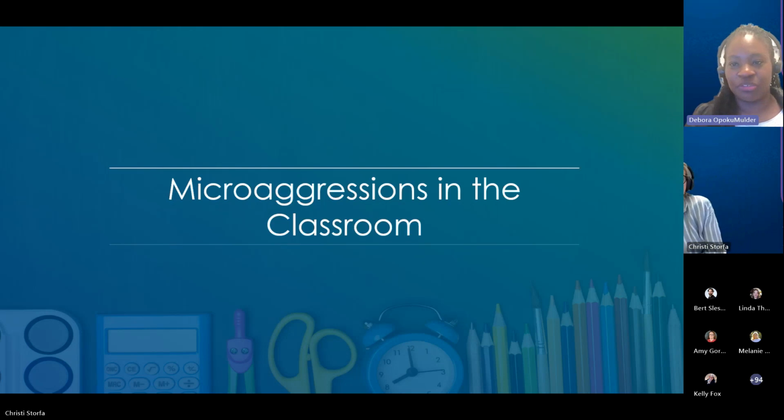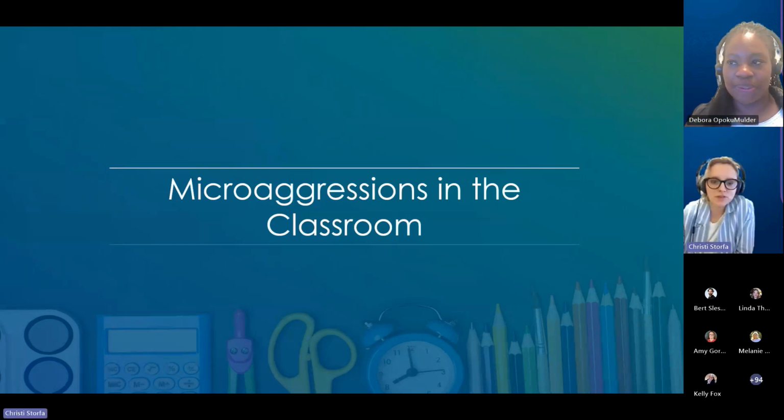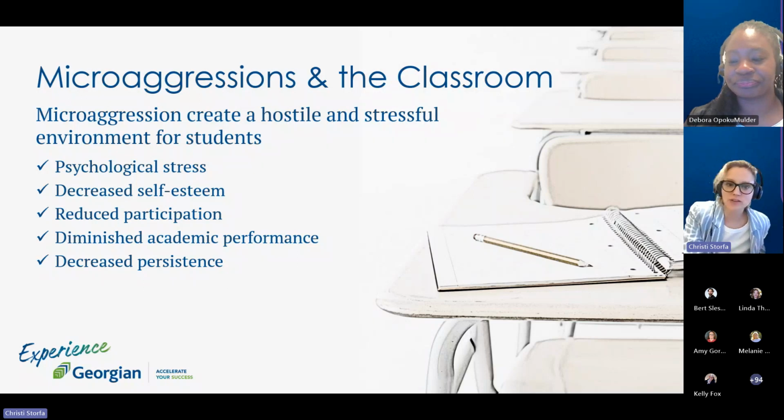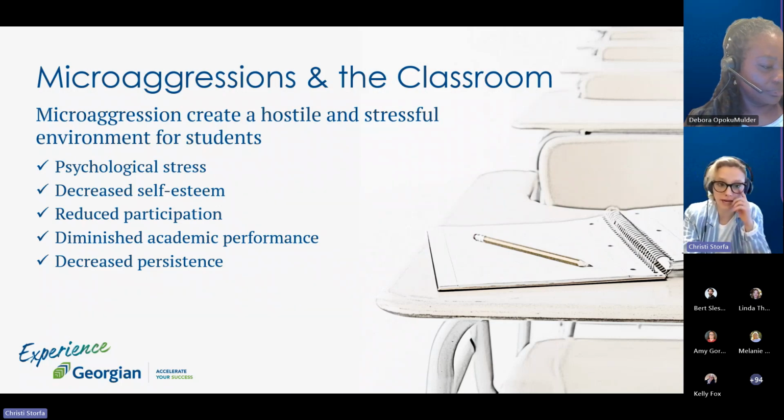And Christy, I'll pass it over to you. Yeah, so why are we talking about this today? It's been an ongoing question and request for the office, but also because it really does matter for student engagement. Studies show that when we have microaggressions in the classroom and they go unaddressed, it causes psychological stress for students and faculty.